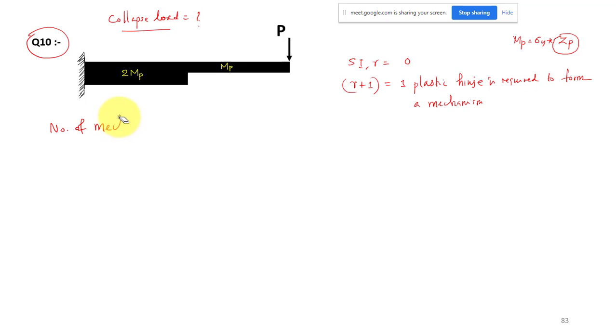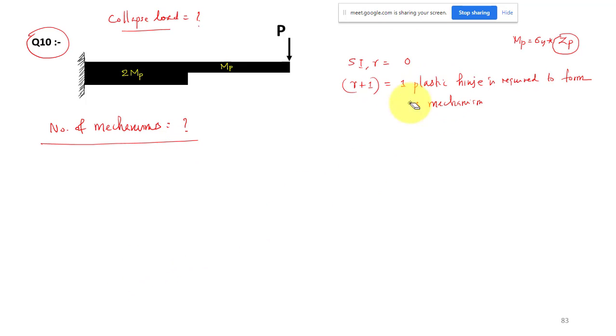So how will you get the number of mechanisms? Anyone? How will you find out that? The number of mechanisms is equal to the degree of indeterminacy plus 1? No, that is not the number of mechanisms. That is the number of plastic hinges.